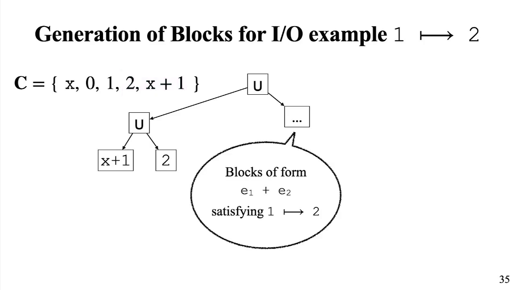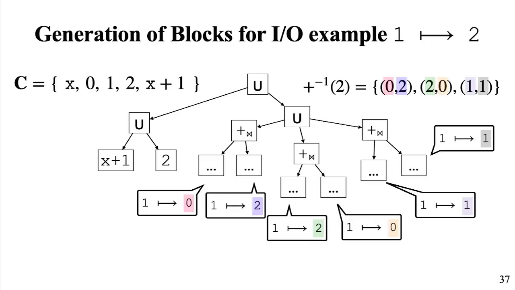We keep searching for blocks of other kinds as well. Suppose we search for blocks of the form E1 plus E2, where E1 and E2 are blocks. At this point, we use the inverse map for the addition operator. It returns 3 pairs of inputs that can produce the desired output. So we create 3 join nodes for these input pairs.